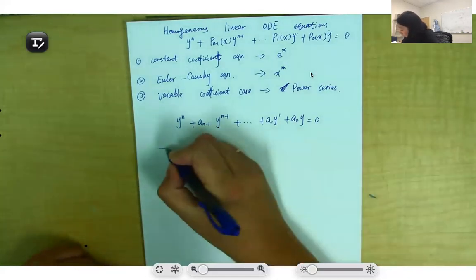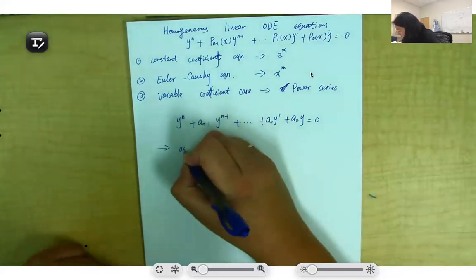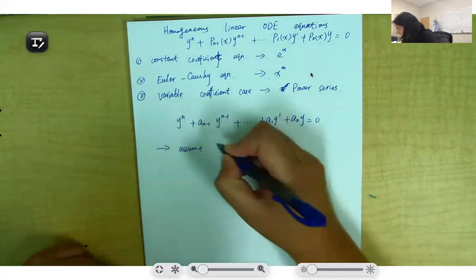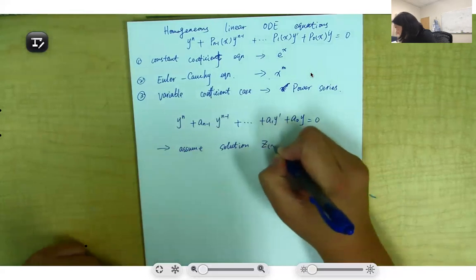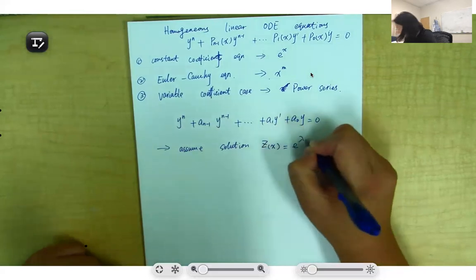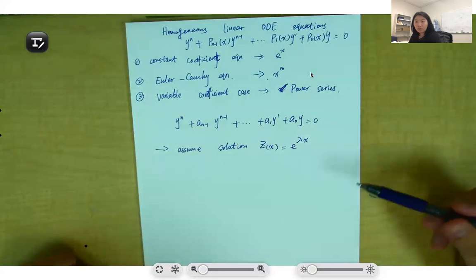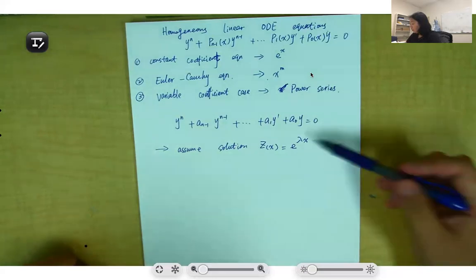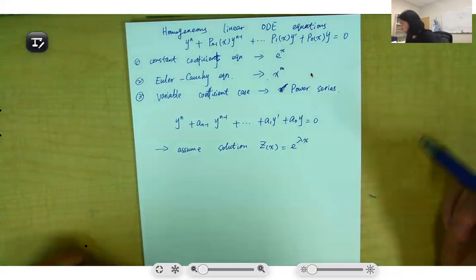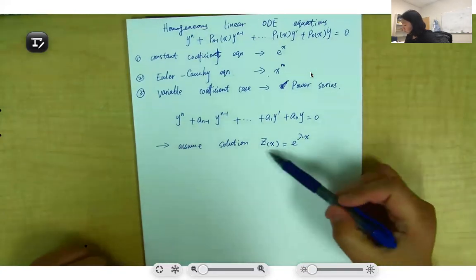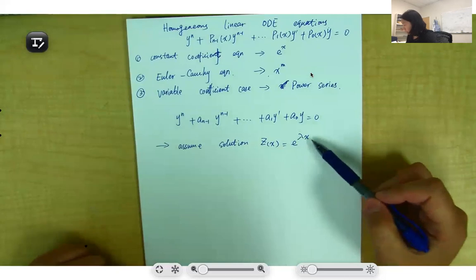So we will assume our solution, y(x), equals e to the lambda x, multiplied by some arbitrary constant. So we assume the solution form is e to the lambda x.